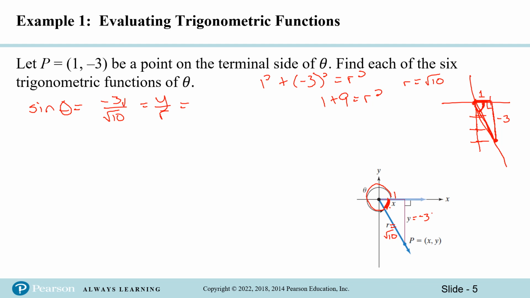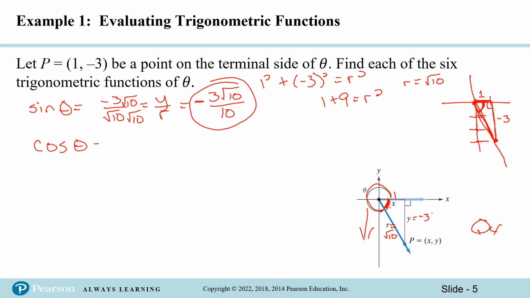So we would need to rationalize the denominator, and we would get -3 square root of 10 over 10. Notice I used a -3, not a +3, because my sign is going to be negative in that quadrant, because my y value is negative in the fourth quadrant, Q4, because we're going down.